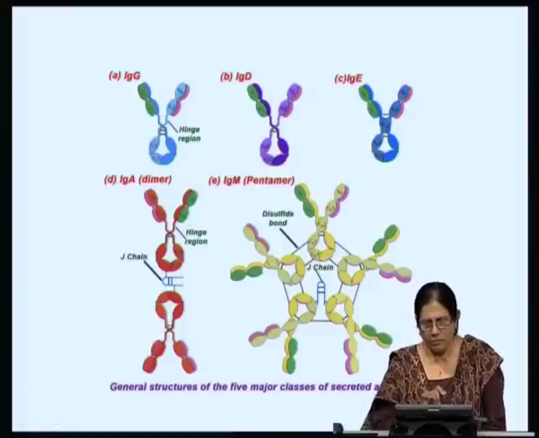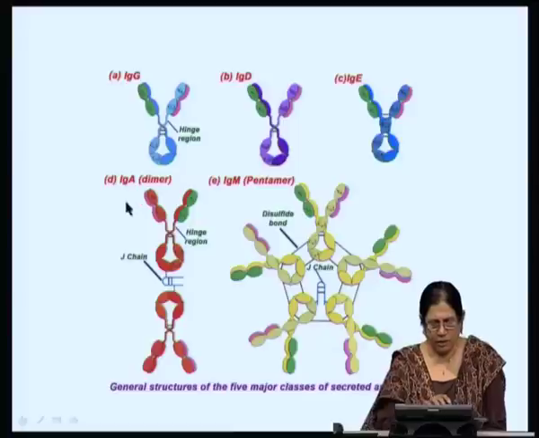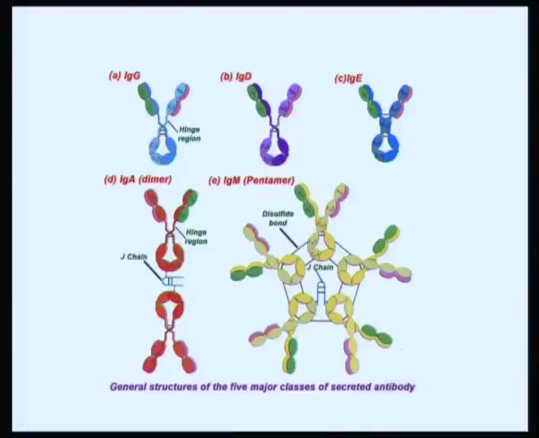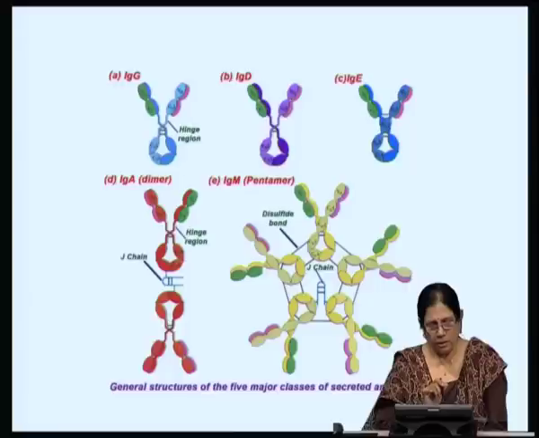Is there any similarity between IgA and IgM? Yes, both of them can oligomerize, and in the oligomerization, you can see 2 molecules of IgA forming a dimer. Now, IgA can also form a trimer.